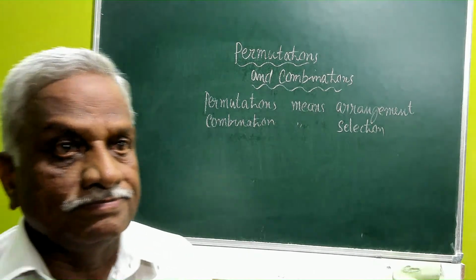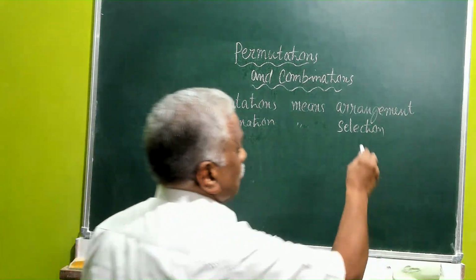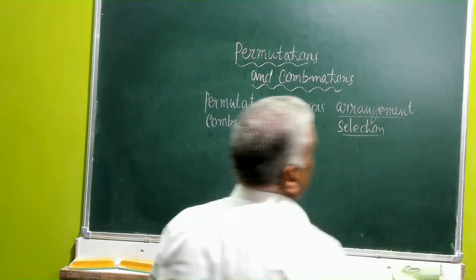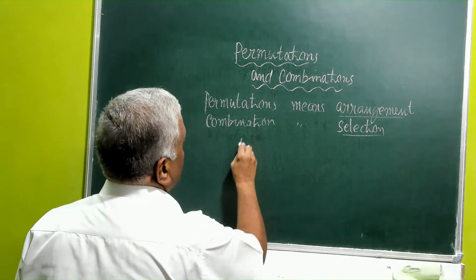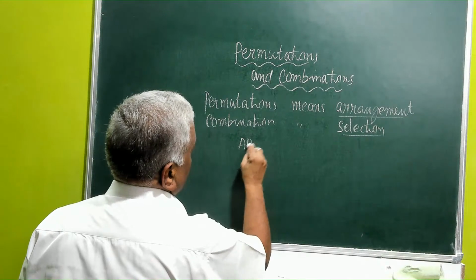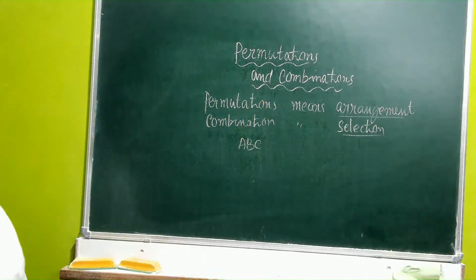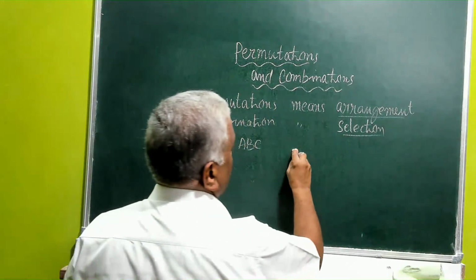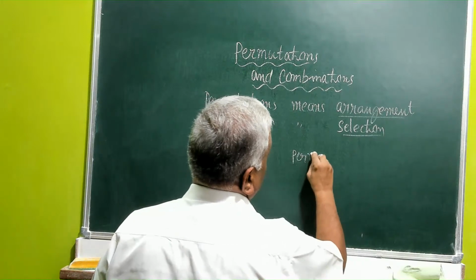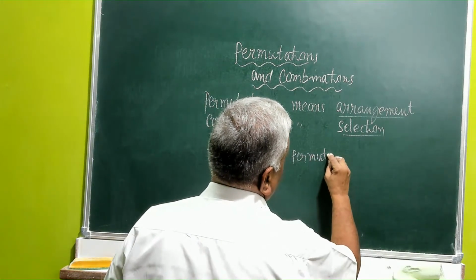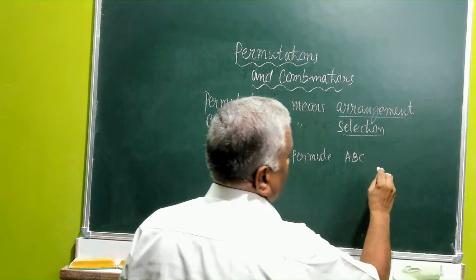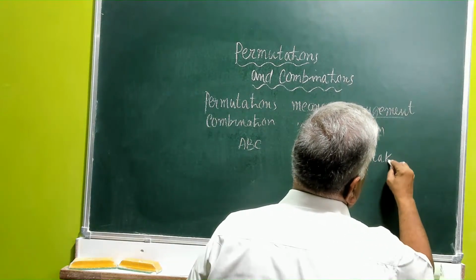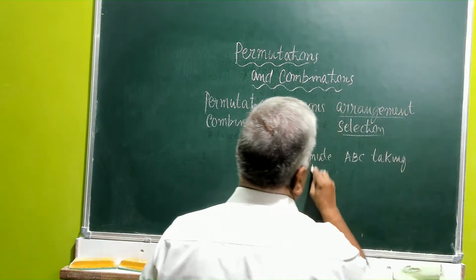Before we go further, let me explain what is meant by arrangement and what is meant by selection. Let us say we have got three letters A, B, C. The question is: permute A, B, C taking two at a time.